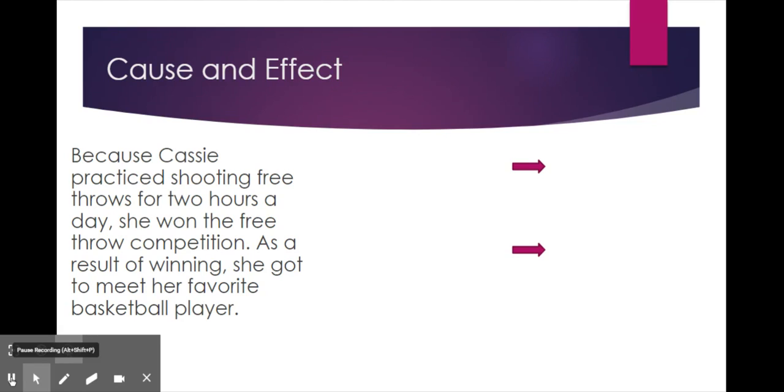So, when you are identifying the cause and effect, a tip that I have is to identify the effect first. Ask yourself, what happened? Casey won a free throw competition. That's your effect.